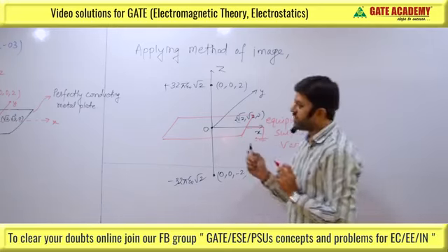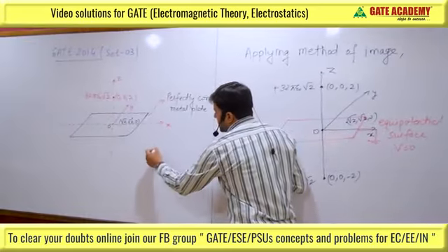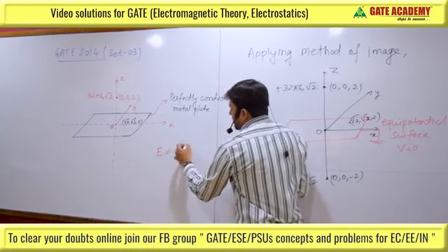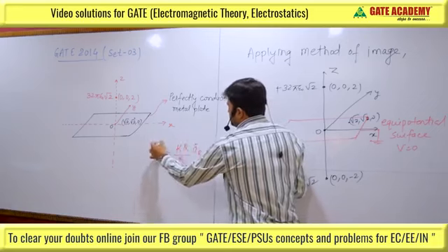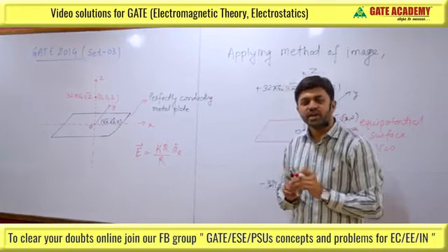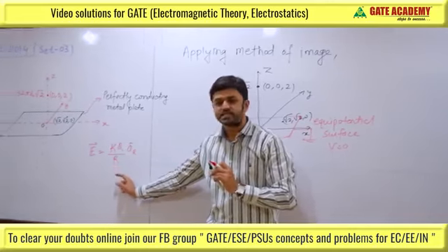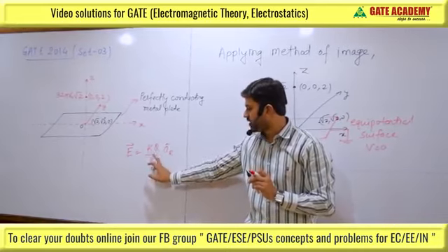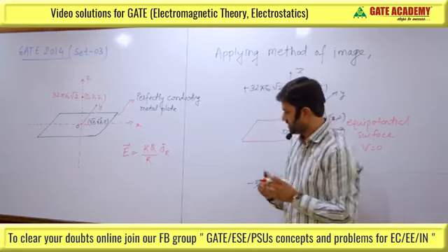Because of a point charge, the electric field intensity at any distance r is given by kq by r square, a_r cap, where k is the constant 1 upon 4 pi epsilon naught.